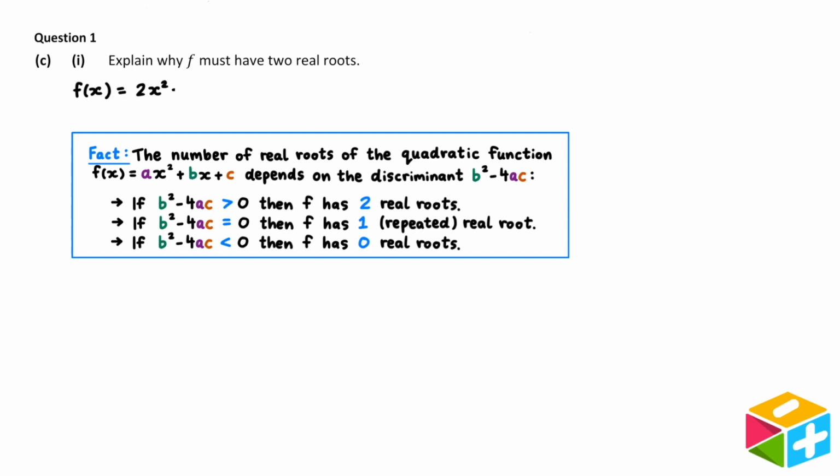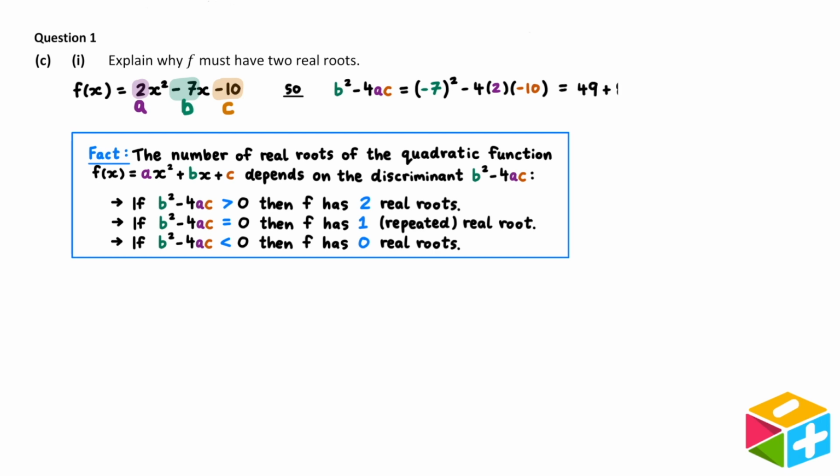At the beginning of the question, we were told that f of x is equal to 2x squared minus 7x minus 10. So in this quadratic, we have a equal to 2, b equal to minus 7, and c equal to minus 10. This means that the discriminant, b squared minus 4ac, will be minus 7 squared minus 4 times 2 times minus 10.